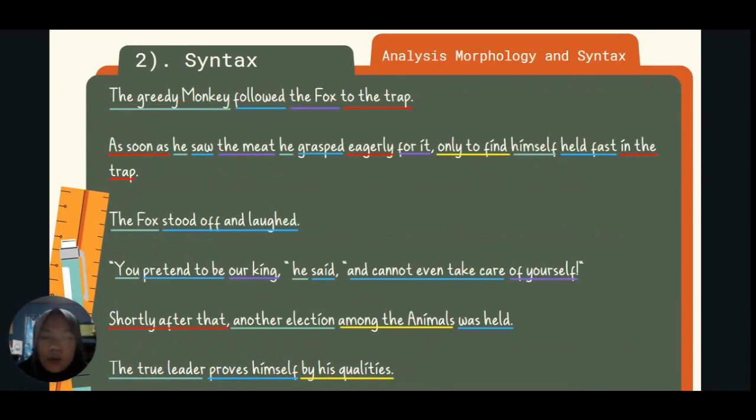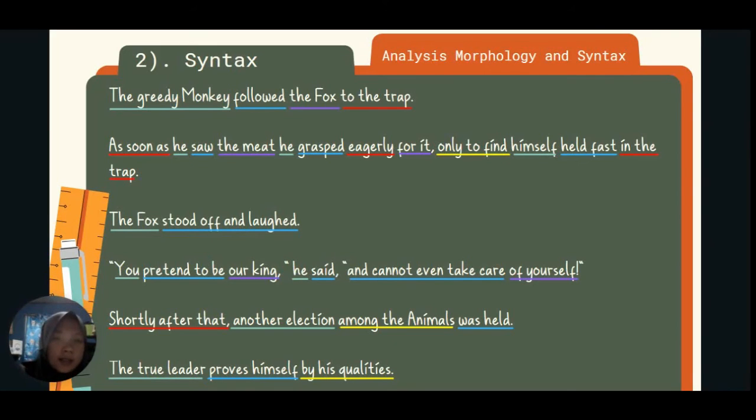As I told you before, subject, verb, and object in the syntax rules are always sequential. For example, in the first sentence in this slide, we can see the green, blue, and purple underlines are sequential.